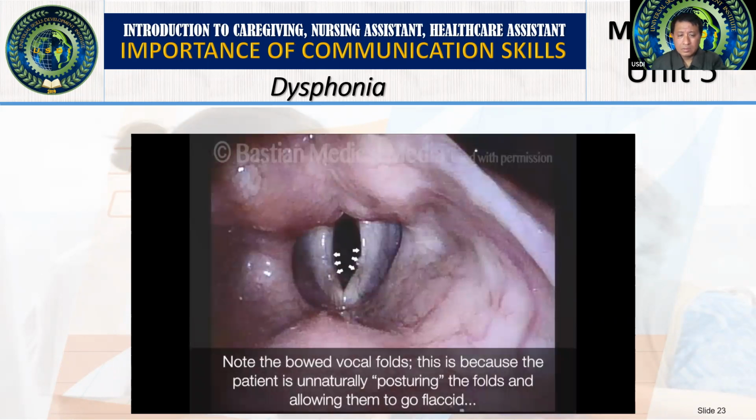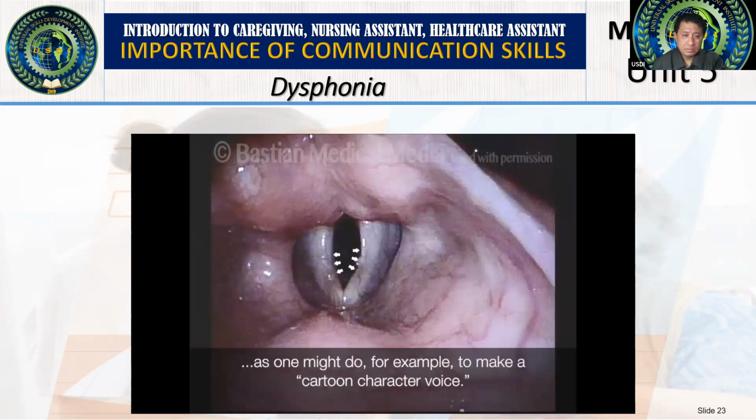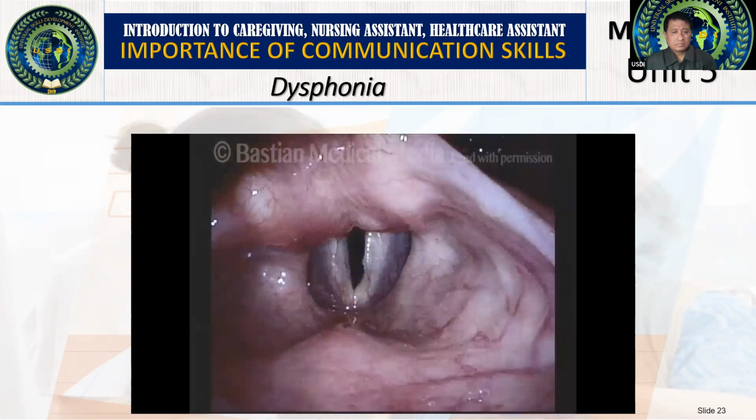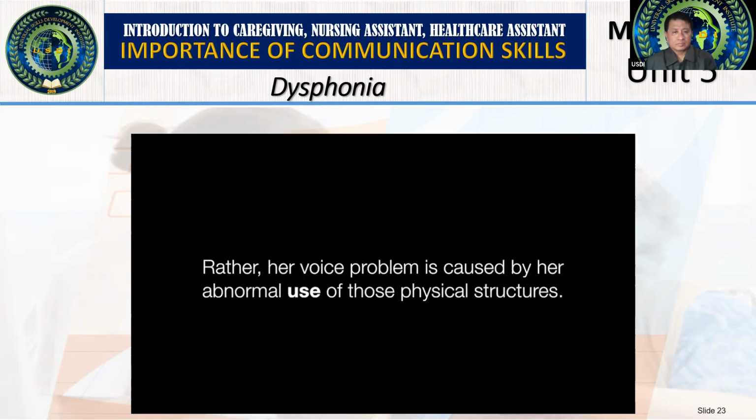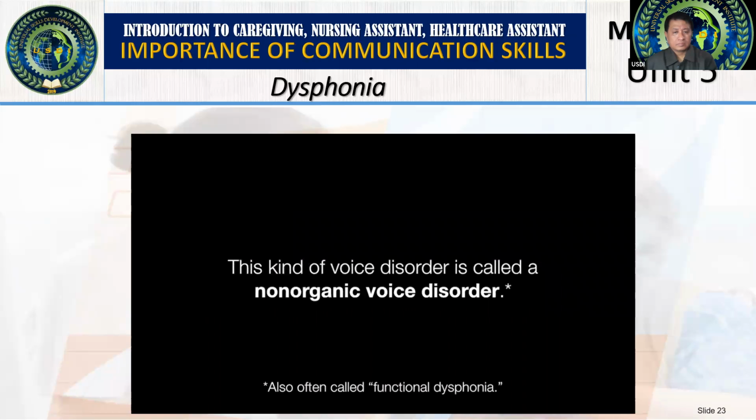This is because the patient is unnaturally posturing the folds and allowing them to go flaccid, as one might do, for example, to make a cartoon character voice. Thus, this patient's voice problem is not caused by any abnormality of her larynx's physical structures. Rather, her voice problem is caused by her abnormal use of those physical structures. This kind of voice disorder is called a non-organic voice disorder.